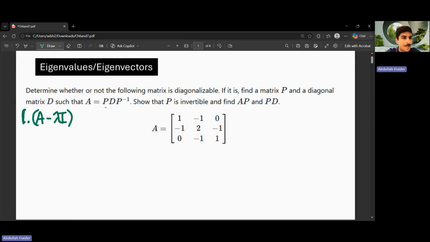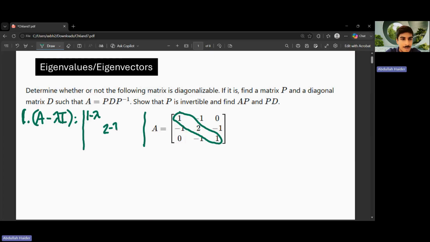What do you mean by A minus lambda I? You have this matrix A, you basically have the same matrix A, except you subtract everything on the main diagonal by lambda. So when I say A minus lambda I, it means that you have to do 1 minus lambda here, 2 minus lambda here, 1 minus lambda here.